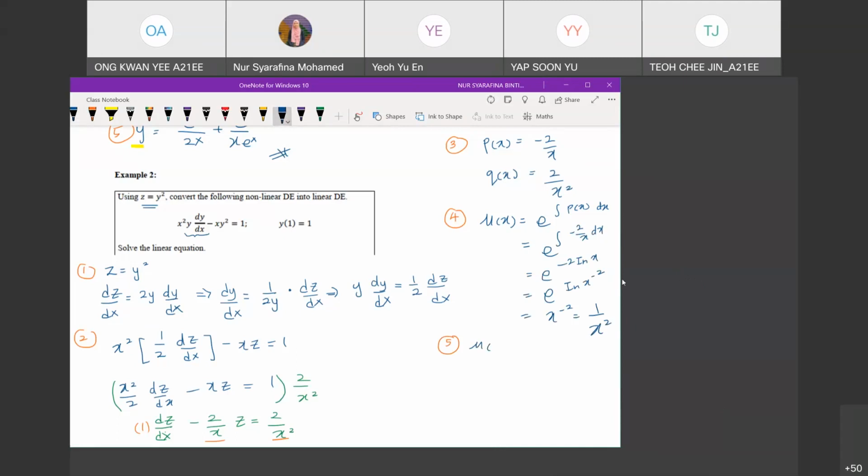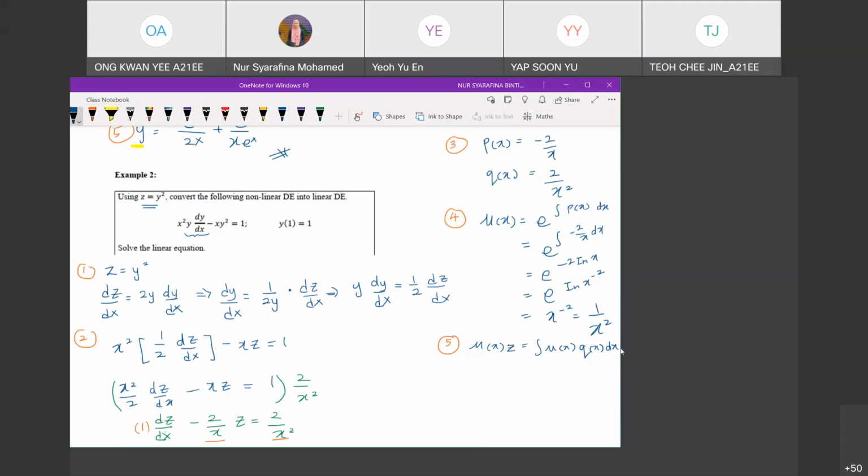Mu(x) z equals the integral of mu(x) Q(x), and then you can find z. Just substitute all the inputs there. Negative 2 over 3x cubed plus constant. Okay, sorry, this is not y, this is z, because we have z here.